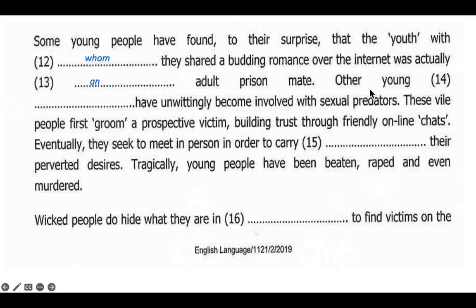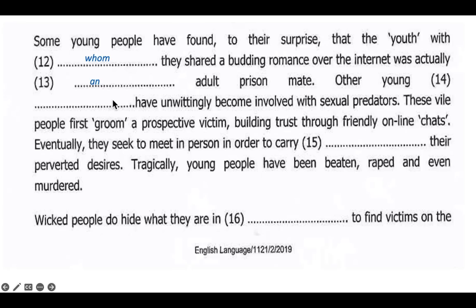But here we can even say other young ones. Young ones can apply. Other young ones have unwittingly become involved with the sexual predators. So here, this particular option, we have words that we can apply: young ones, young people, young individuals, and so many others.